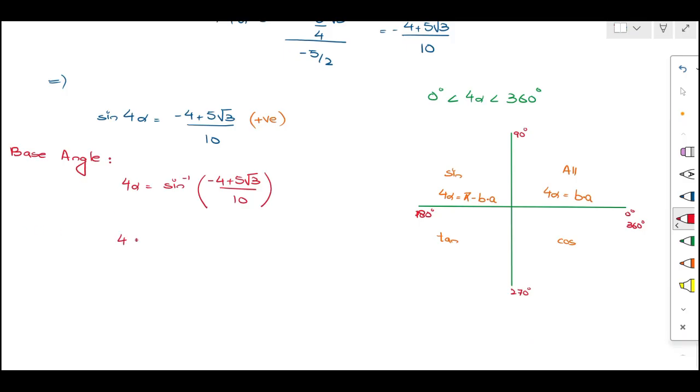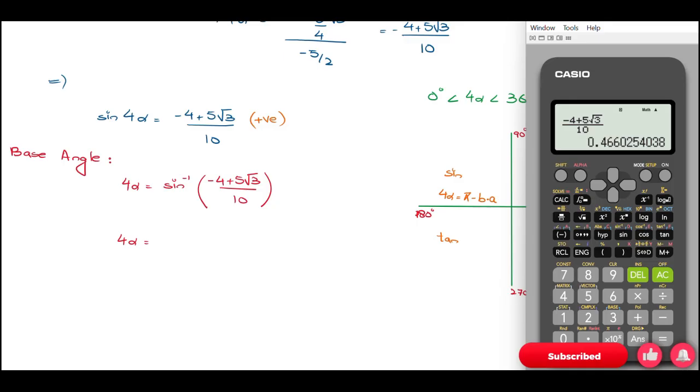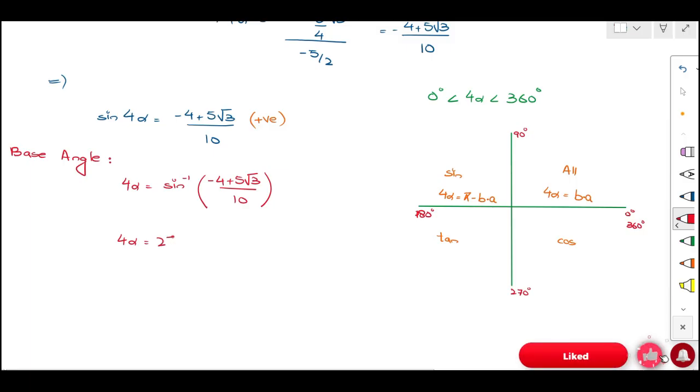Okay, you will get some angle 4 alpha, and this should be in degrees, right? My calculator is in degree mode, thank god. Do sine inverse of answer: 27.7766 degrees, right? This is your base angle.